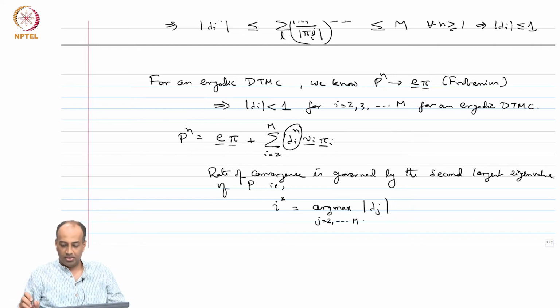Remember lambda 1 is equal to 1, you forget that and you look at all the other eigenvalues and take the eigenvalue with the largest magnitude.